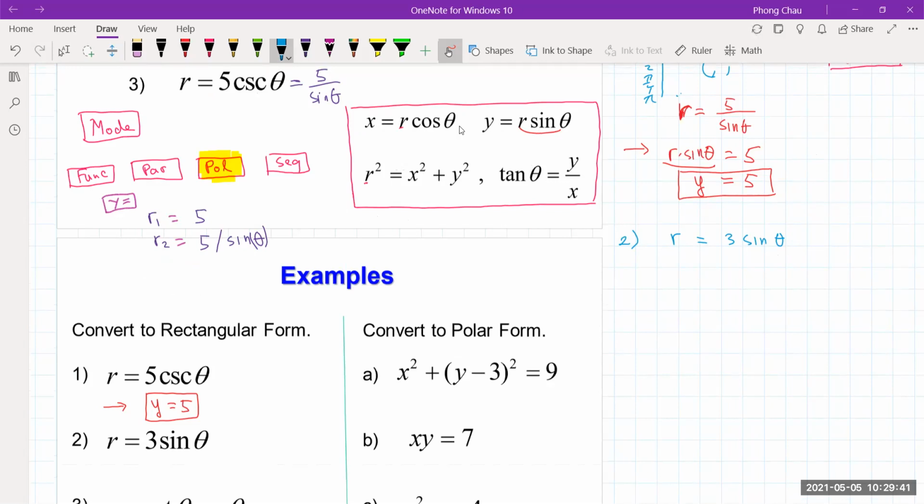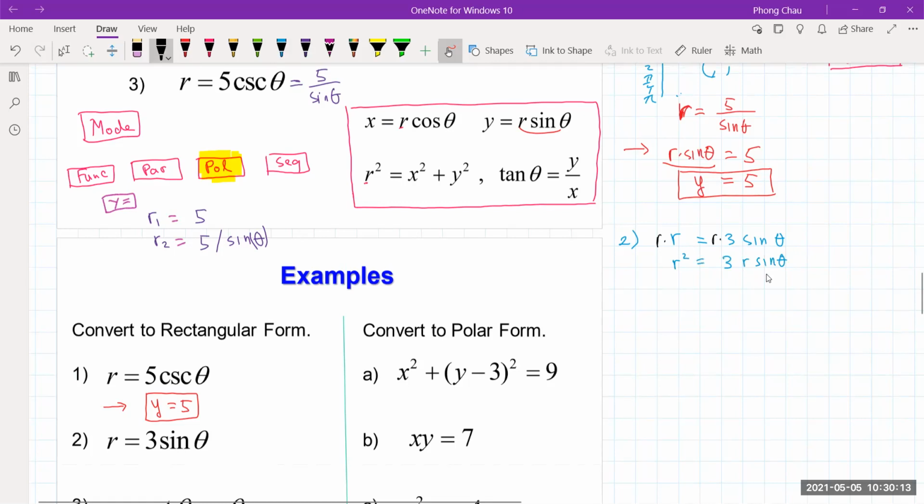But in order to use this formula, you need r times sine theta. I have sine theta, and I don't have r times sine. So all you need to do is multiply r on both sides. Why? Because when you do so, that becomes r squared, and that becomes 3r sine theta. And that is where you want to apply this formula.